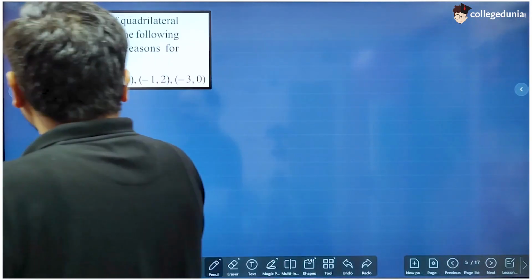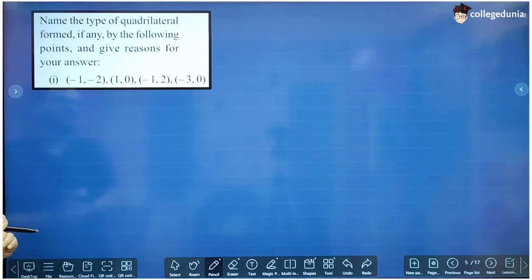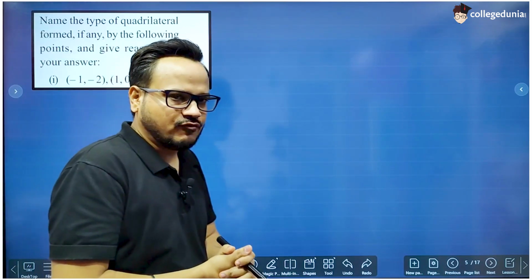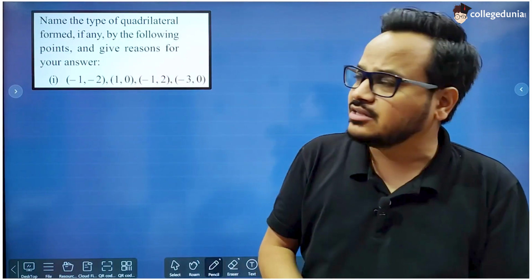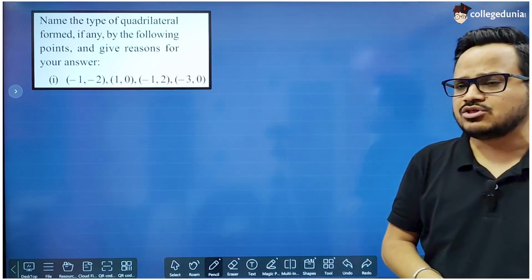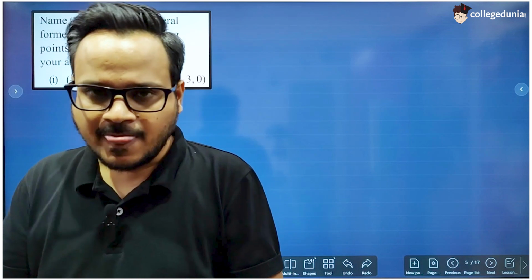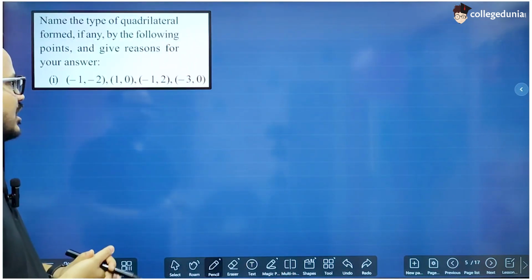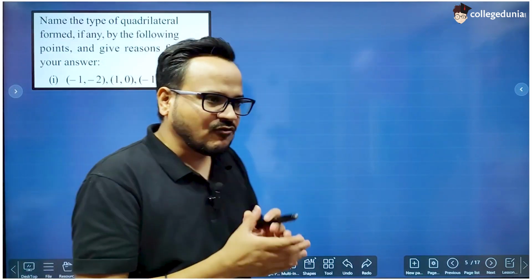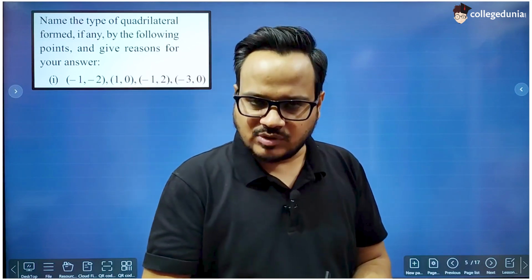Next, here 4 points are given and we have to check whether these 4 points are the vertices of which type of quadrilateral, like square or rectangle or parallelogram or rhombus. So what is the difference? Let's discuss one by one.